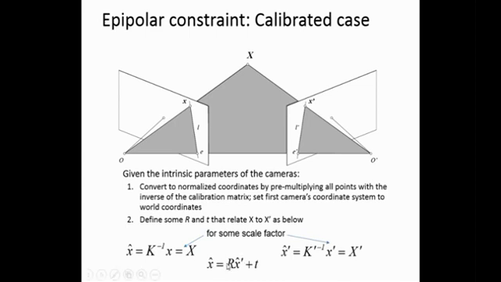So what we're trying to solve for now, given that we know the intrinsic matrix, is some rotation and translation between the two cameras. We want to solve for a rotation and translation such that when we apply the rotation to this vector going from the camera center through this pixel, and the translation, it brings us into this vector that goes from this camera center through this pixel.